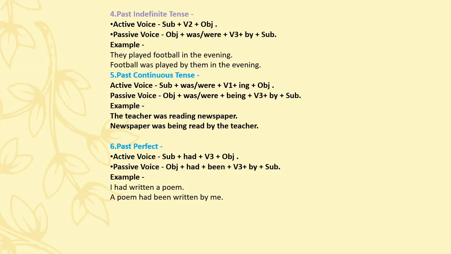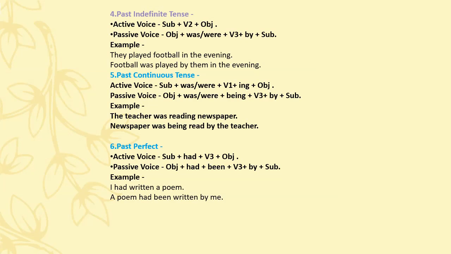Next is your past perfect. It's a bit different, okay? In the case of present perfect, we have studied that has and have are used, has as per the subject. That is, if the subject is singular, has is used, and if it is plural, have is used. But not to worry in past perfect, because with all the subjects we are going to use had, so there must not be any confusion over here, and definitely it is perfect.